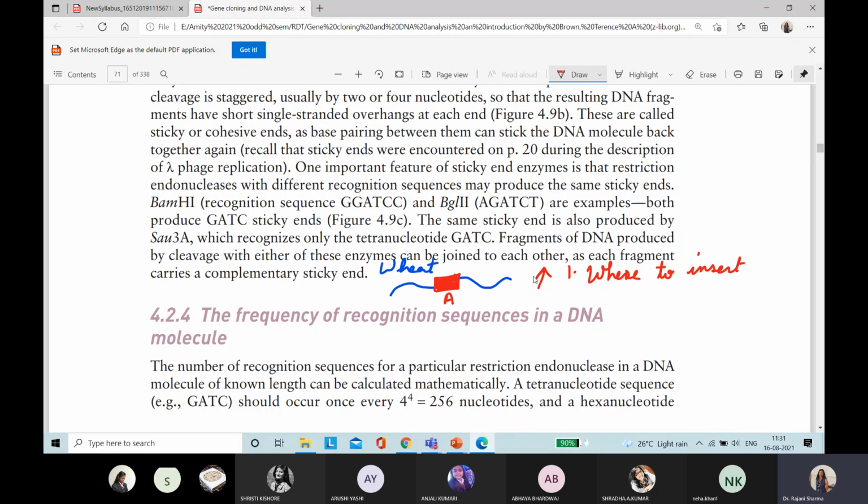Another thing is which restriction enzyme you will be using. The first thing you will look at is the chance of the presence of that restriction endonuclease in that gene sequence. Here the thing is the frequency.